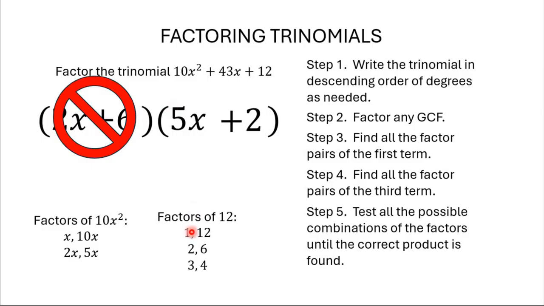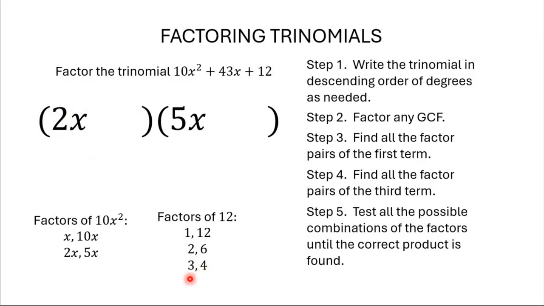So we'll move on to the next pair of numbers that give me 12, 3 and 4. So let's try 3 and 4 now. And in this case, I can try the outside product, because I know first will give me 10x squared, and I know last, 3 times 4, will give me 12.